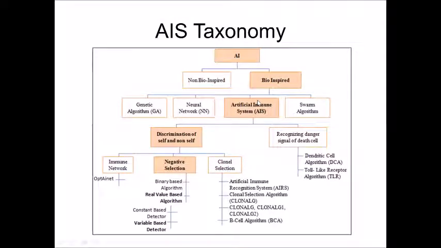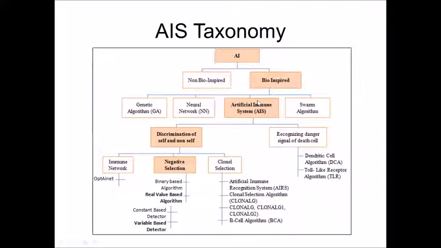So there are many algorithms that have been derived from the artificial immune system. Based on my opinion, the reason there are a lot of algorithms under AIS is because our immune system is complex.